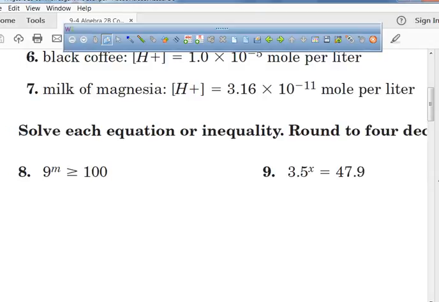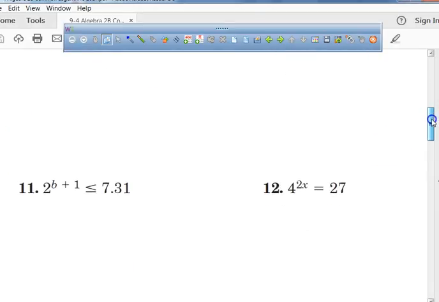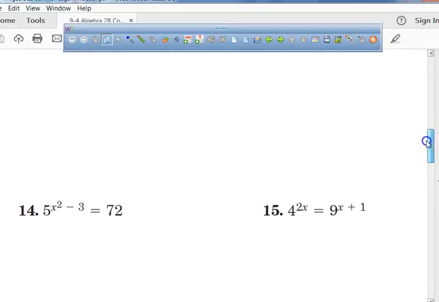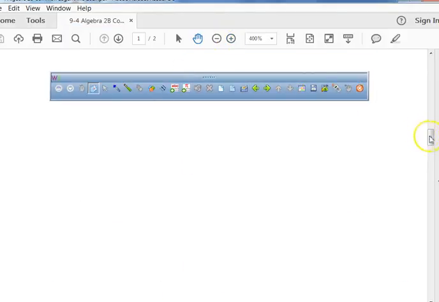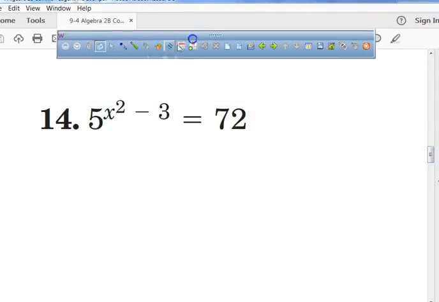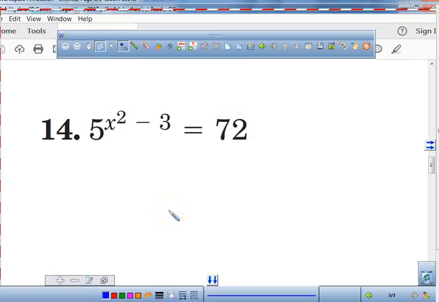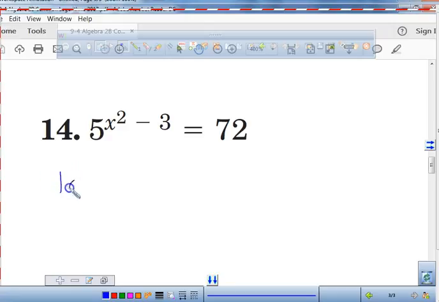We're going to go down to problem number 14 because it looks a little bit trickier. All right, so we're going to zoom in on problem number 14. Aha! You guys are never going to guess what I'm going to start out doing. Do what? Yeah. Apply the common log to both sides, right?